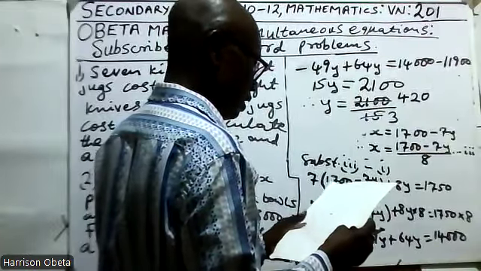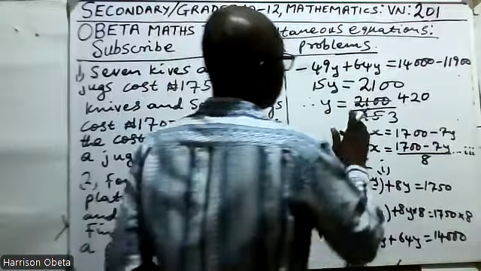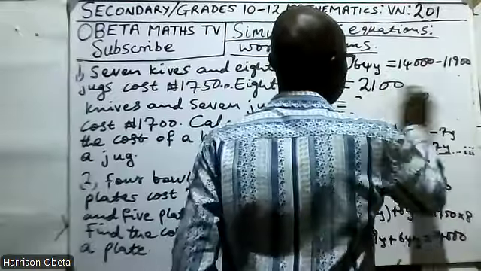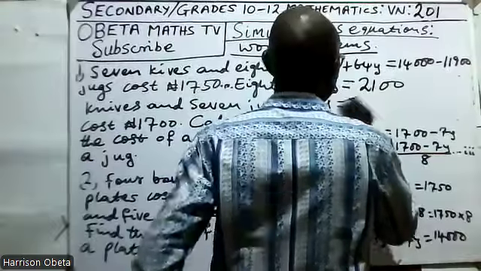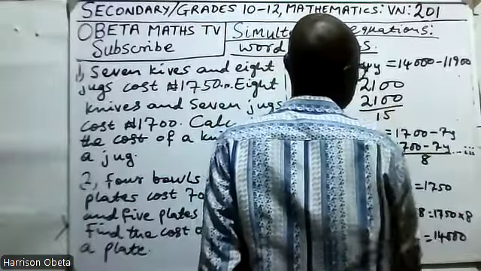Okay, let me correct something. 2100 all over 15.